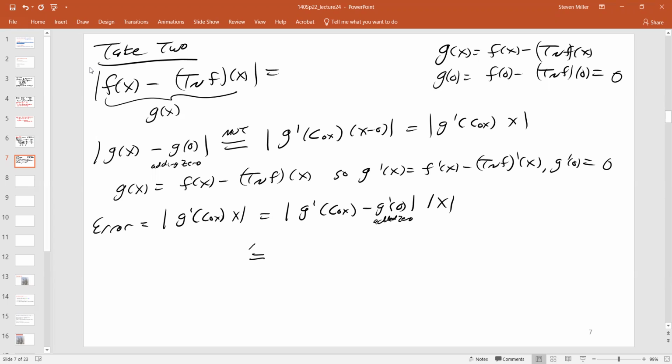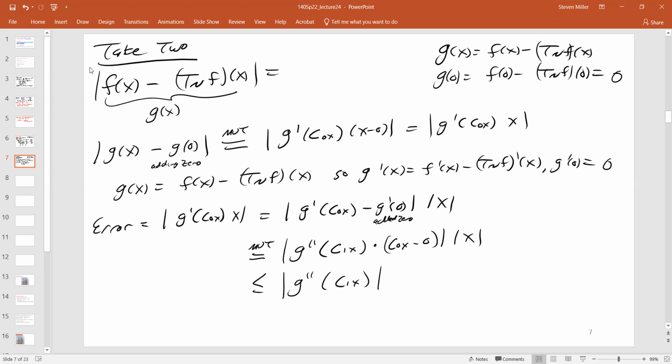And so now I use the mean value theorem, and this is going to be g double prime. I'll call the point c1x, the next level, times c0x minus 0, times x. And so this is going to be less than or equal to g double prime c1 of x times x squared, as c0x is less than or equal to x in absolute value.